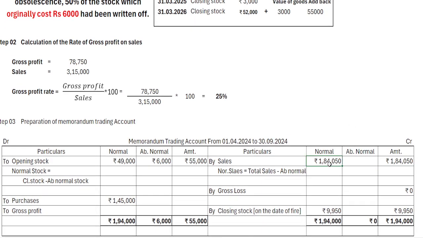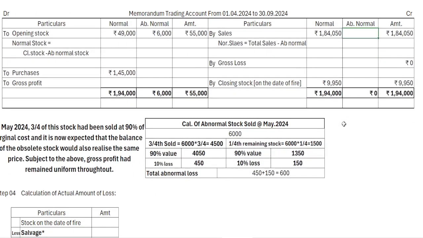Now here, do we have any abnormal sales? Look here. In May 2024, 3/4 of this stock had been sold at 90% of original cost. Here 6,000 is the abnormal good, into 3/4 is 4,500, which is sold for 4,050.